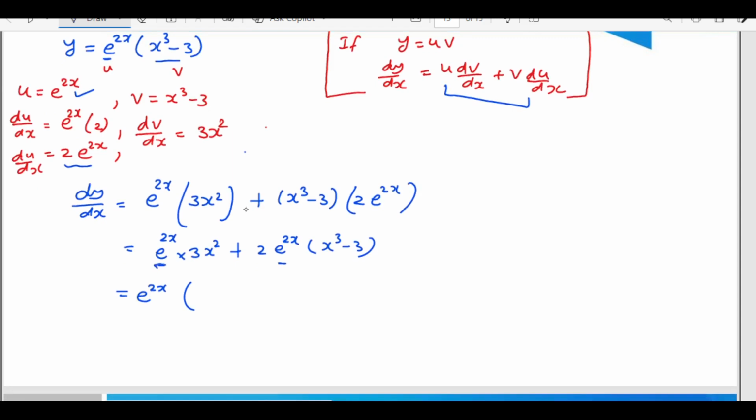So e power 2x is common, so we have 3x squared, and when you multiply here, this will become 2x cubed minus 2 times 3, which is 6. We can still rearrange because I want to write down the x cubed first, then 3x squared minus 6. So this is our final answer.